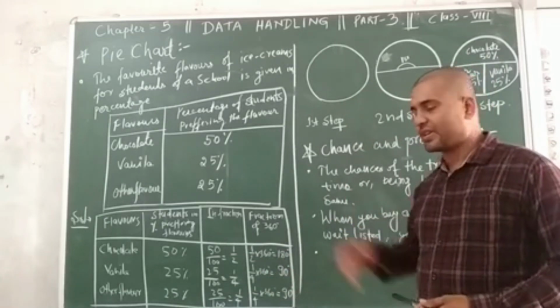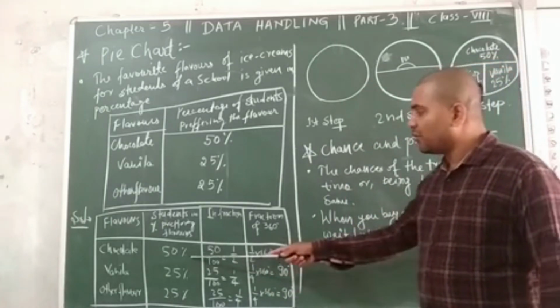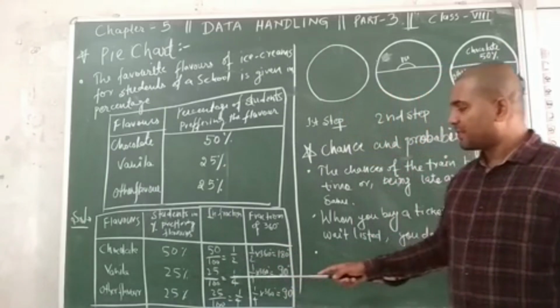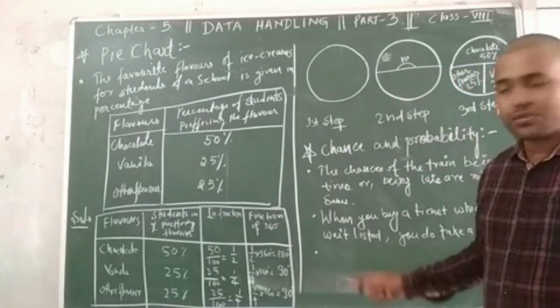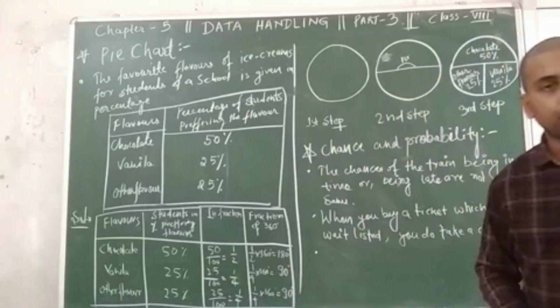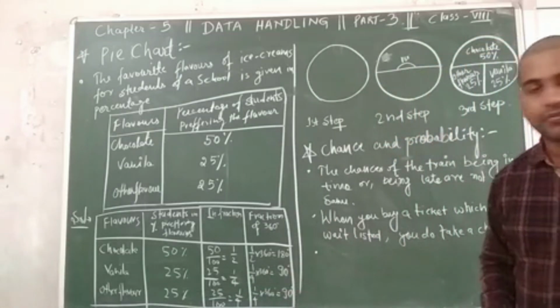Right now we have percentages. So 50% is 1 upon 2, 25% is 1 upon 4, and 25% is 1 upon 4 for the other flavor.